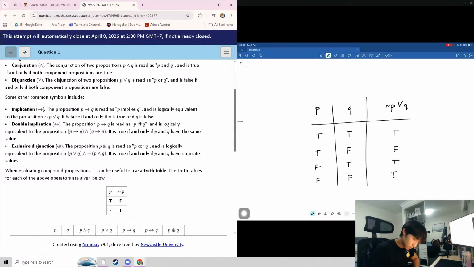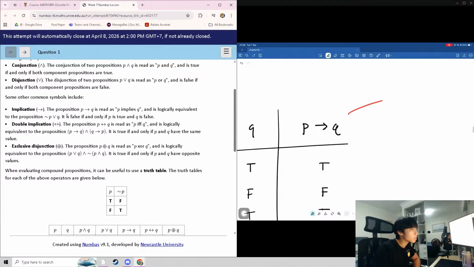Let's actually do P implies Q because it's a lot easier to see. I don't know why they would do the logical equivalent. What did they say here?